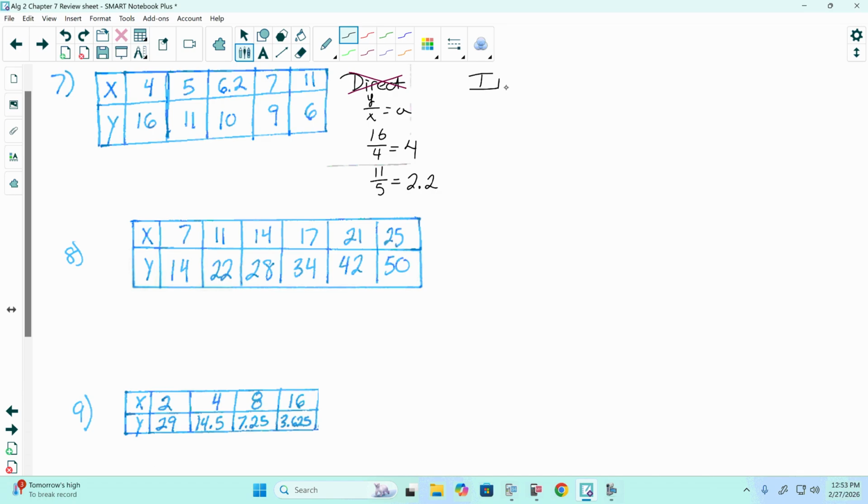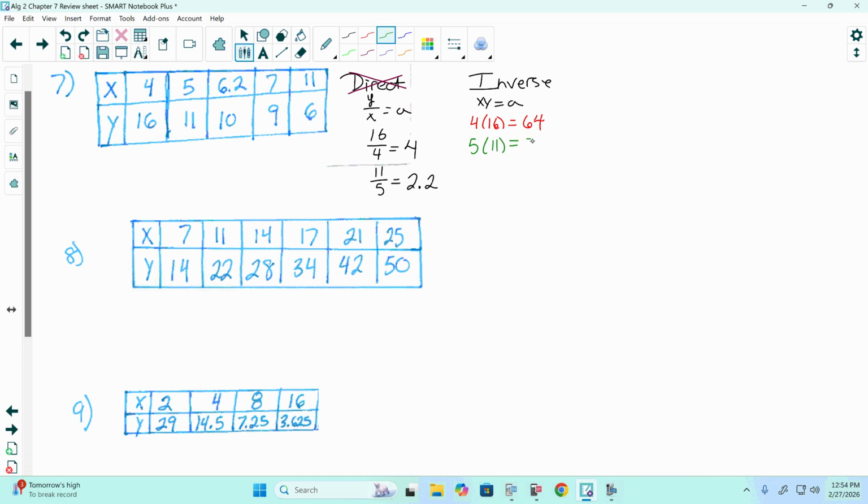Inverse is our x times y is equal to a. So we're going to multiply these numbers together. The first we can do is 4 times 16. We'll just throw it in a calculator. It's going to tell us it's 64. 16 times 2 is 32, times 2 is 64.